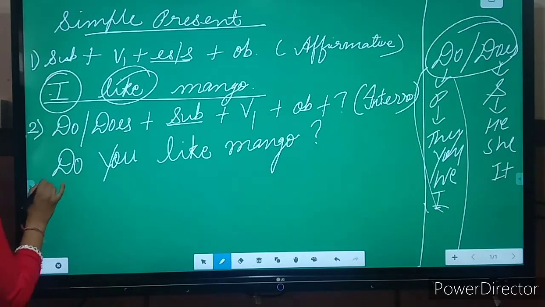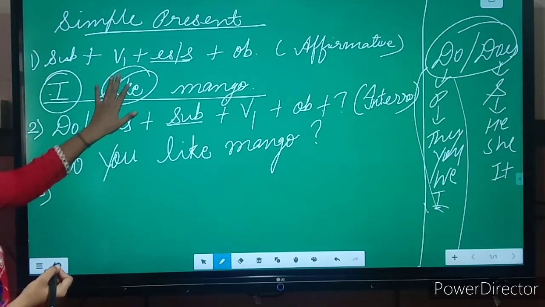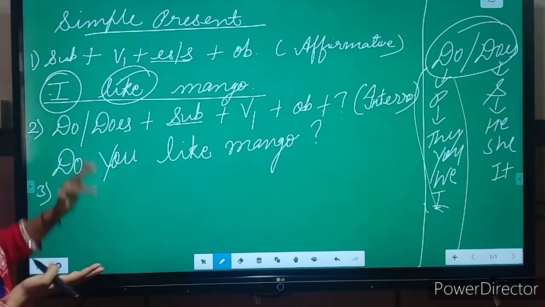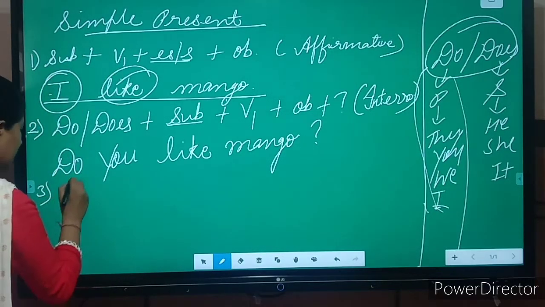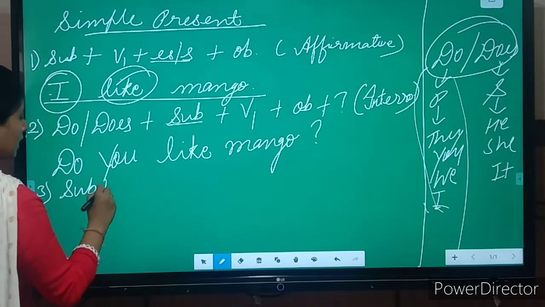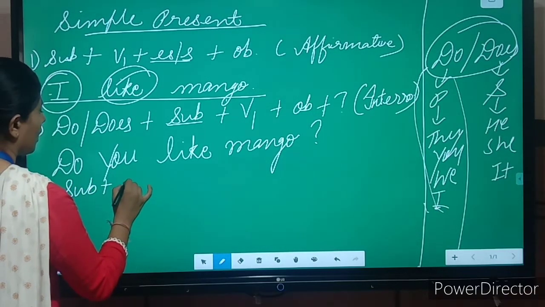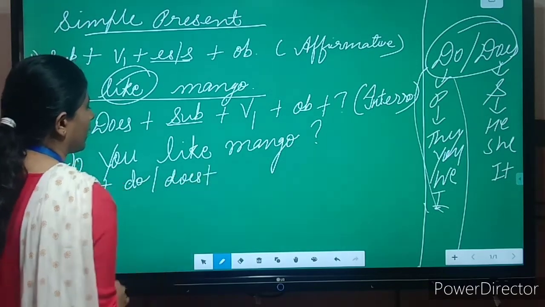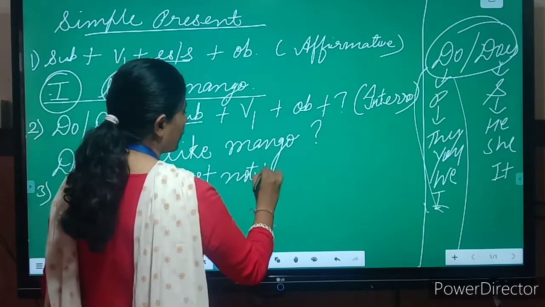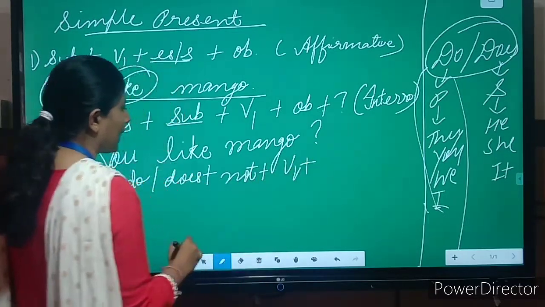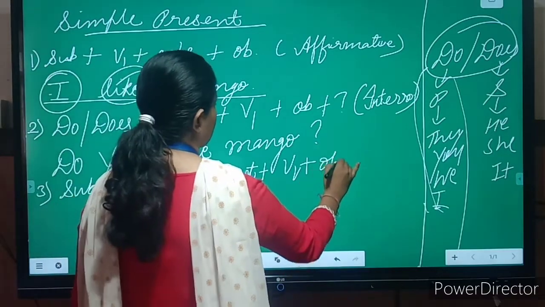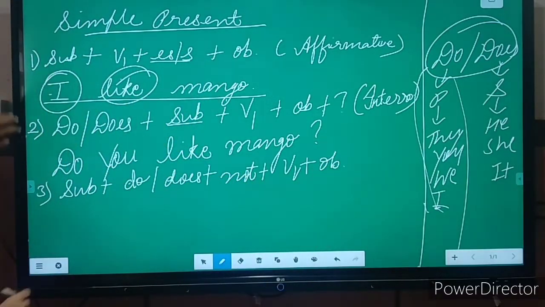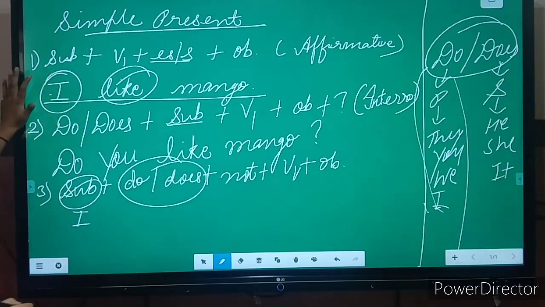Now the next third part, that is negative sentence. So how do we change an affirmative into a negative? Let's write the structure first. Subject plus do or does, and then you will add not, and then the verb's first form, and then what next? Object. Clear? So how will we change it? What is the subject? I is the subject, so I. Then with I which helping verb will you use?